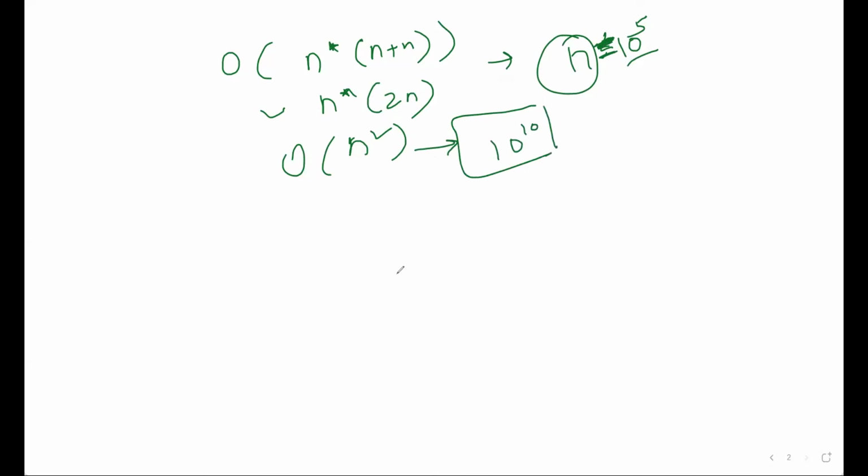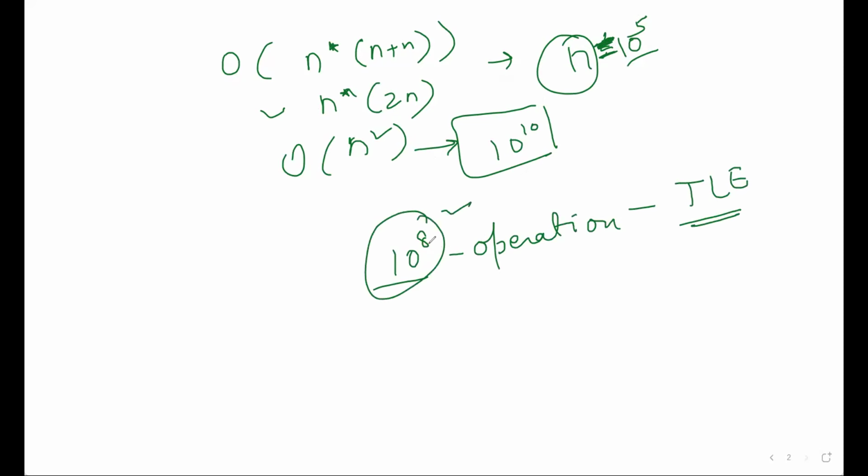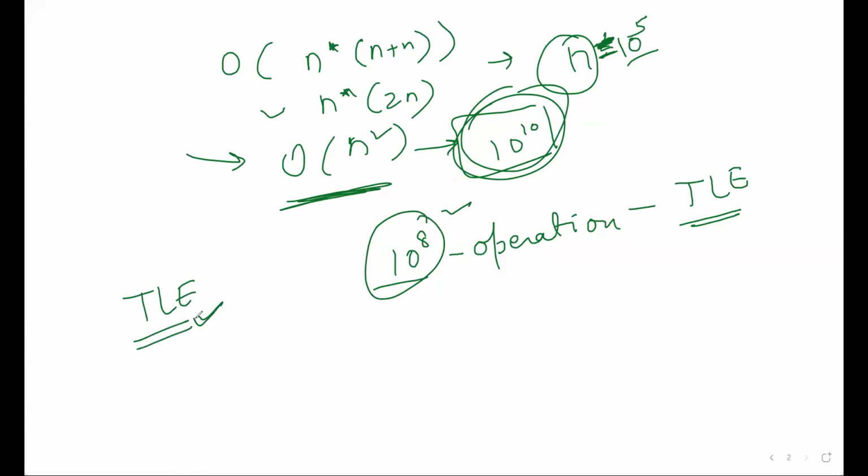And remember one thing: 10 to the power 8 operations are allowed to avoid time limit exceeded, TLE. But here, if your solution is O of n square, you have 10 to the power 10 operations. So this approach can give you a time limit exceeded error.